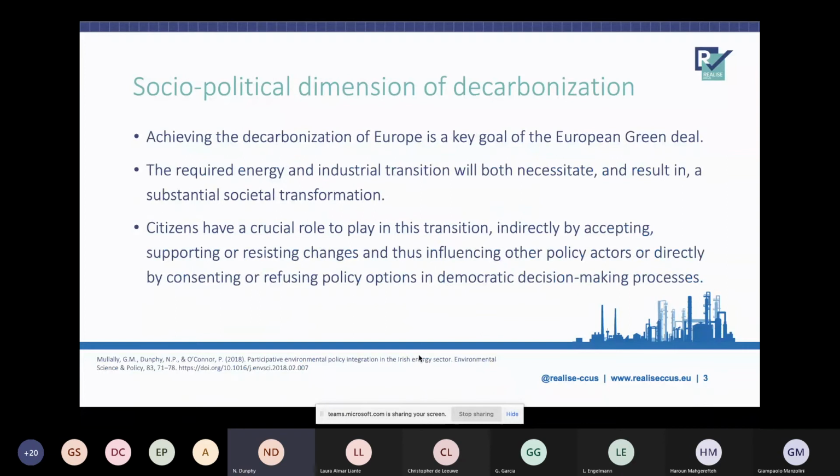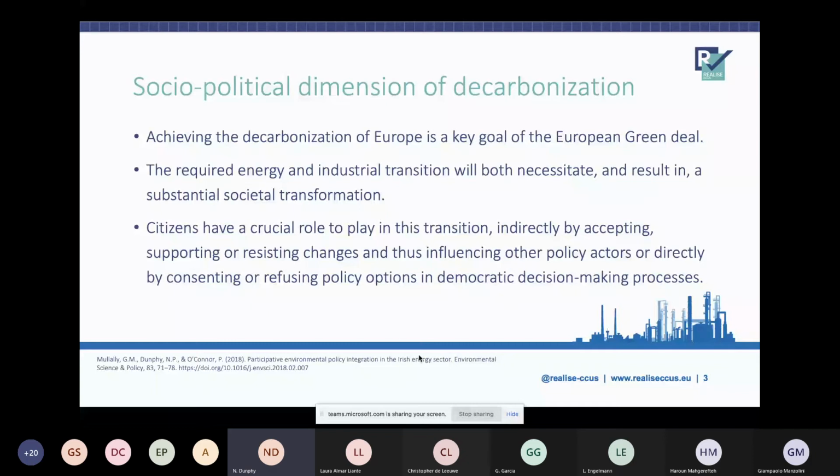So achieving the decarbonization of Europe is a key goal of the European Green Deal. And we're probably sick of hearing that. But this required energy and industrial transition will both necessitate and will result in substantial societal transformation.